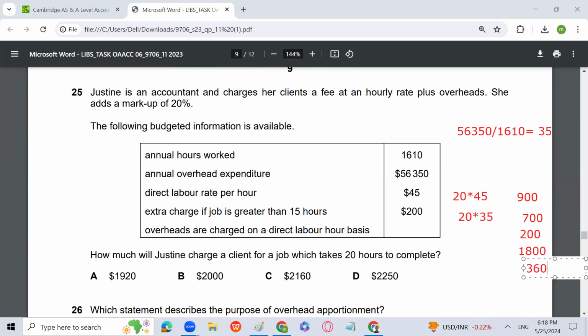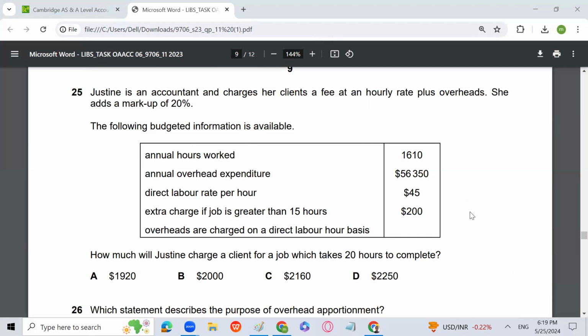Markup is a calculation on cost. So 2,160, C, is going to be the answer for this question. By adding the cost, which is 1,800, and the 20% markup, we get the total selling price which we are going to charge to the client. That is 2,160.